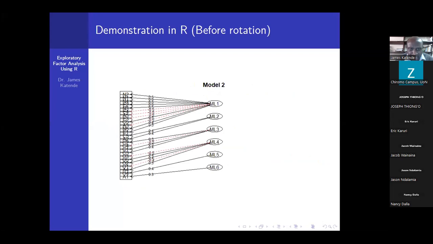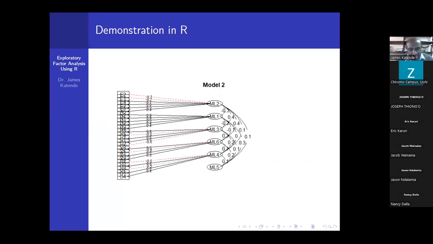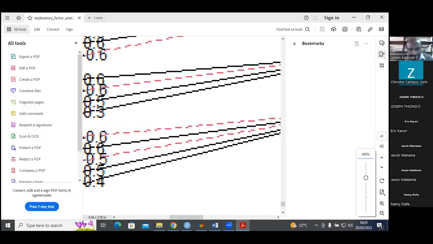So this may not be easily interpretable, but if you do some rotation and draw the same map, I think this might be better. So now the grouping is a little better.